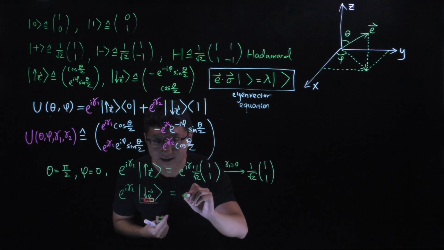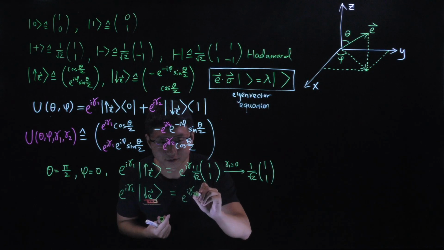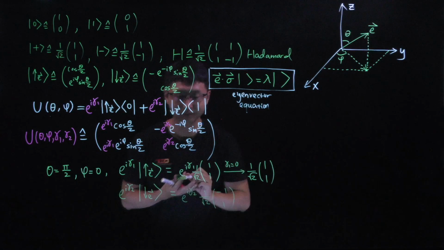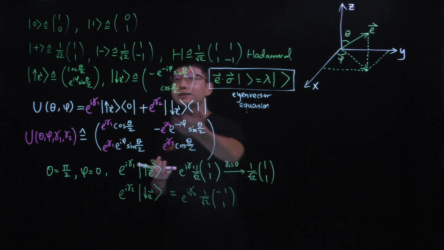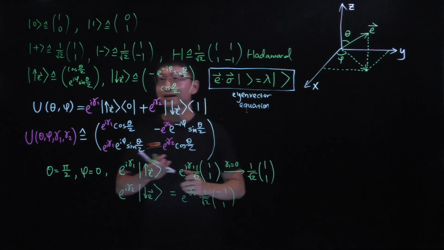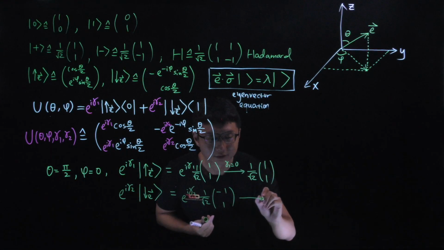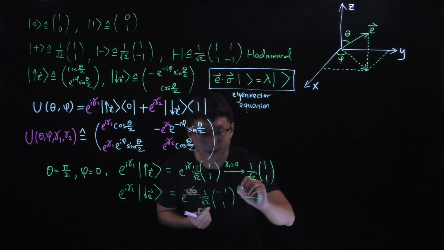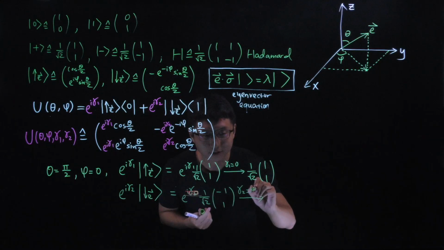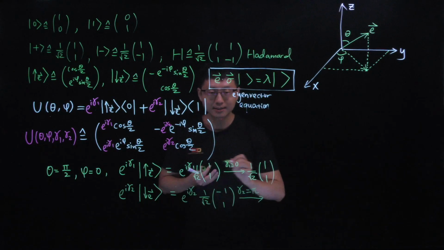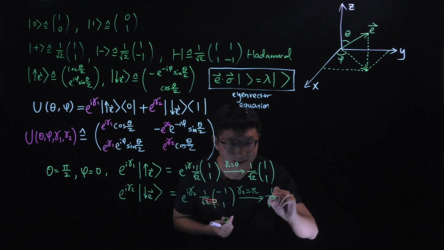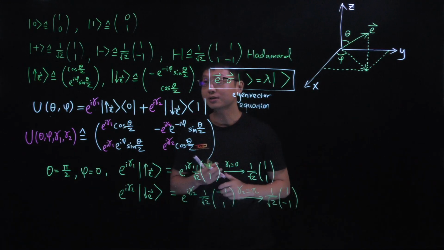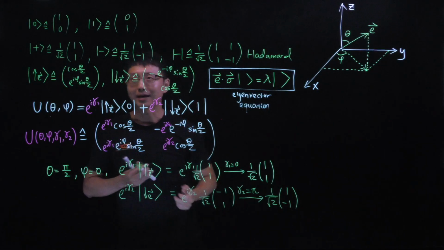So that gives us e to the power of i gamma 2, 1 over root 2, minus 1 and 1. So in order to be consistent with what we choose for the minus ket, this requires us to have a minus 1 over here. So that means we should choose gamma 2 equals 180 degrees, and that will give us 1 over root 2 of 1 and minus 1, consistent with how we define the minus ket.